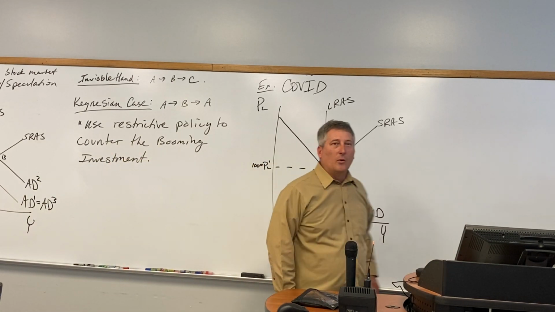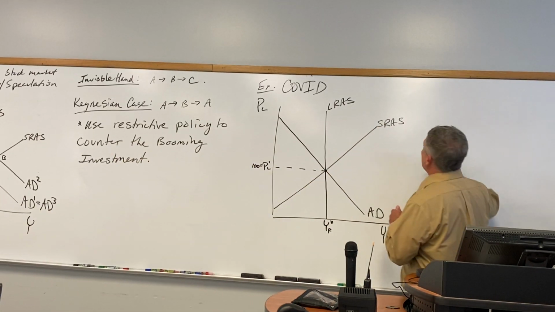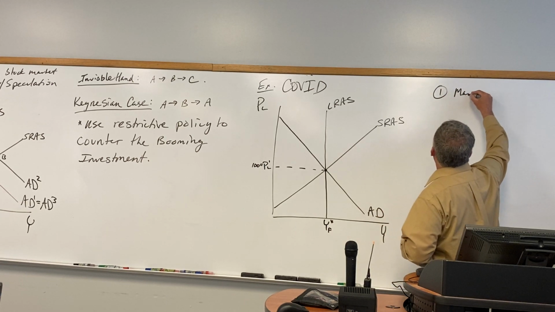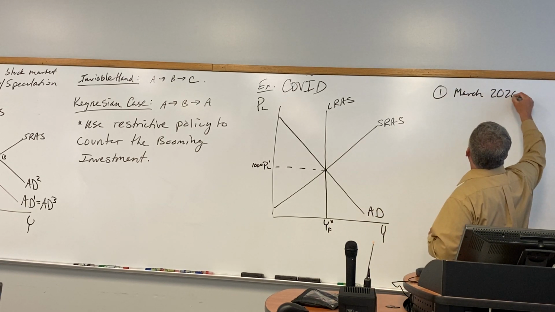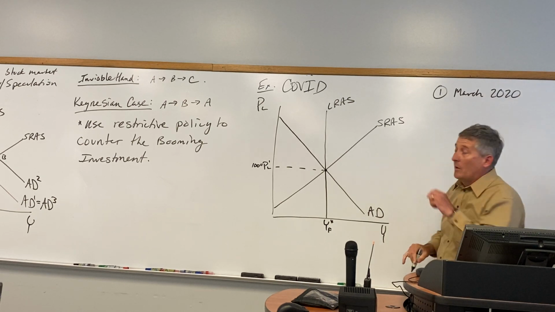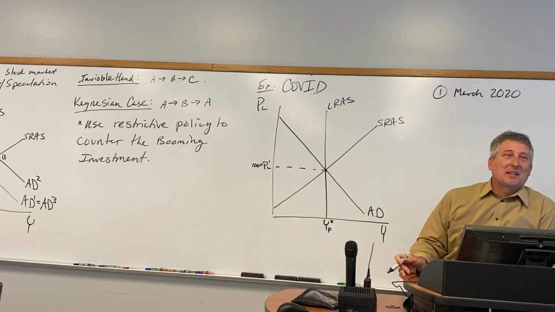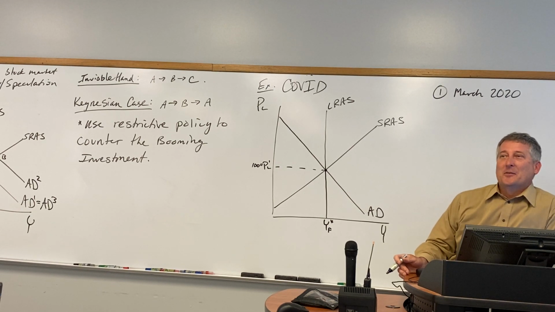So, what were some of the COVID policies? So step one, March 2020. What happened? What did you guys learn March 15th or March 28th? What could you do? What couldn't you do?